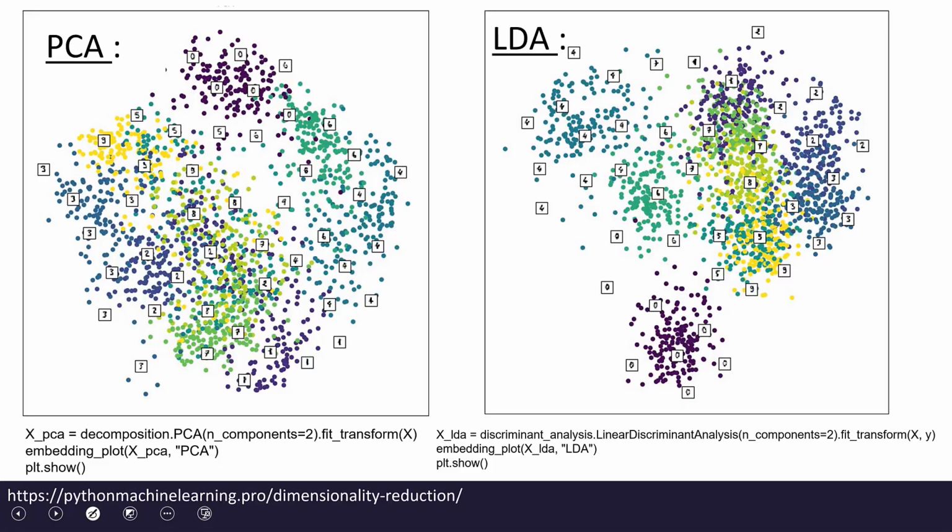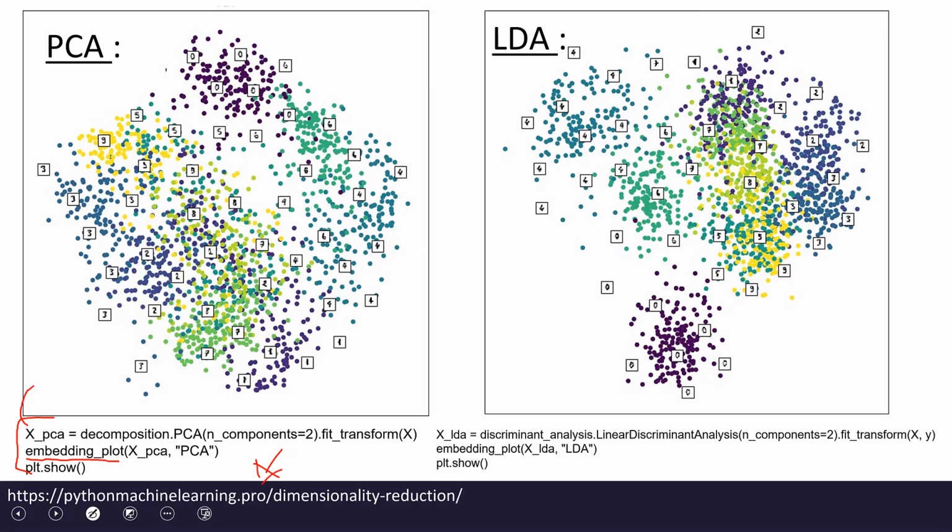Out of those 256 dimensions, on the left-hand side we see PCA projected onto the first two principal components. This was done in Python, and here's the command in Python. It's using a custom function for doing the plot, which is provided here.